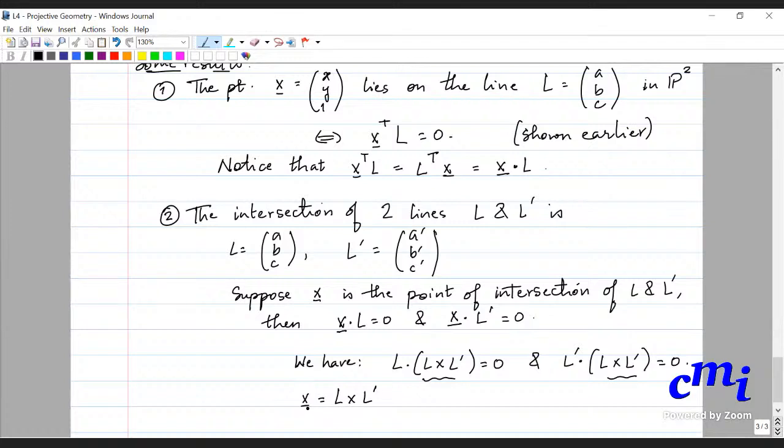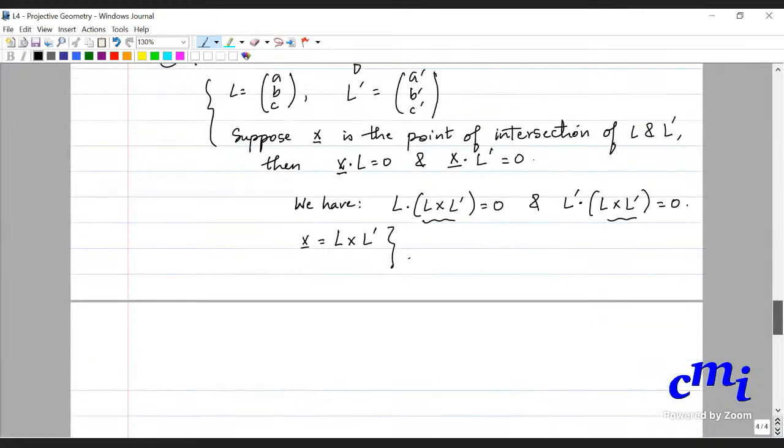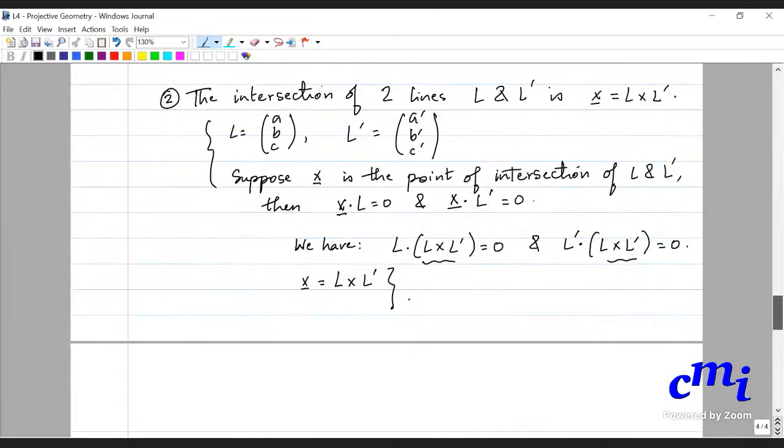This cross product gives you the point of intersection. So the intersection of 2 lines L and L prime is X equal to L cross L prime. This is a vector. That's your vector X. So this again makes the notation simpler.